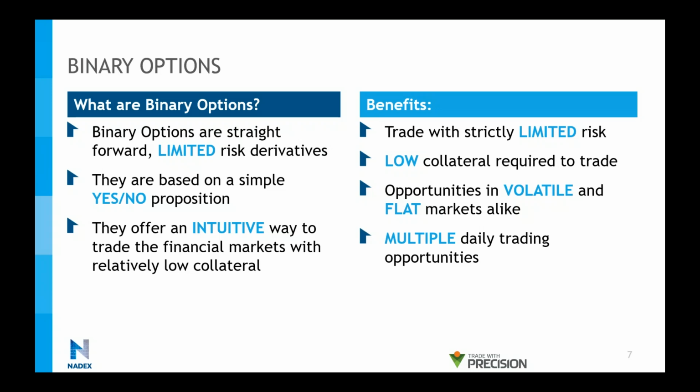Not only those different markets, but you have different expiry cycles, from multiple daily trading opportunities up to weekly expiry schedules as well, if you're looking for longer term trading opportunities. So a very nice set of opportunities here and advantages why you should consider trading binaries.